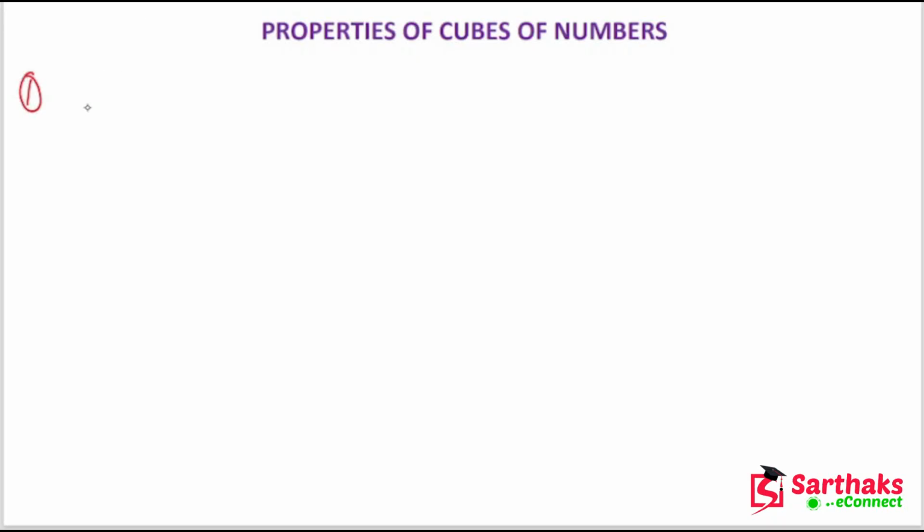So it states that cubes of all even natural numbers are even, right?